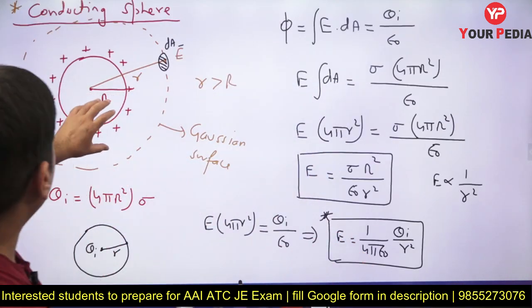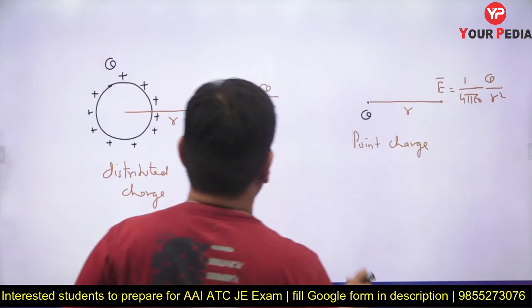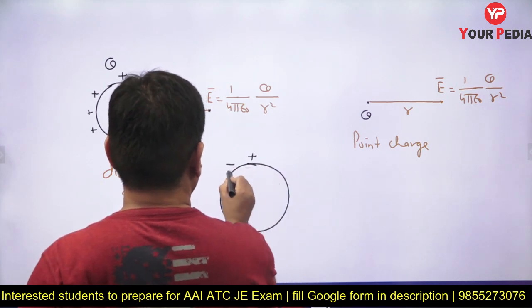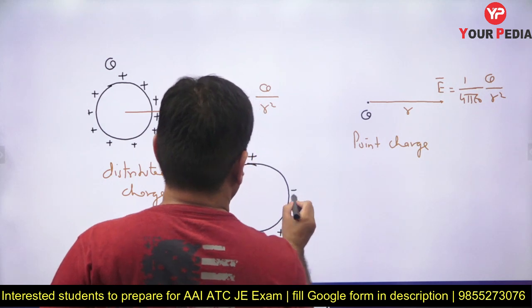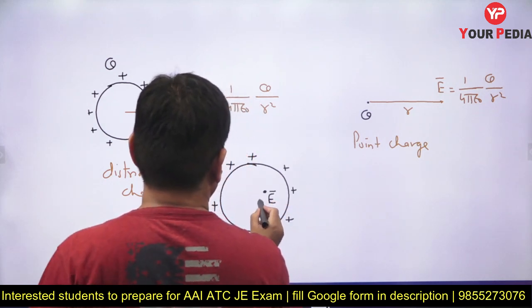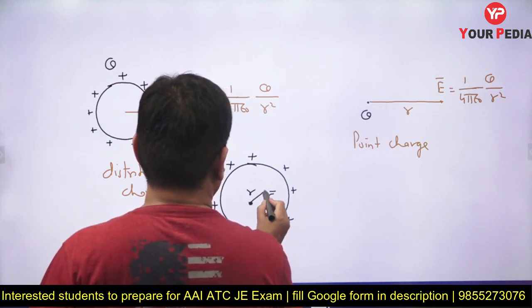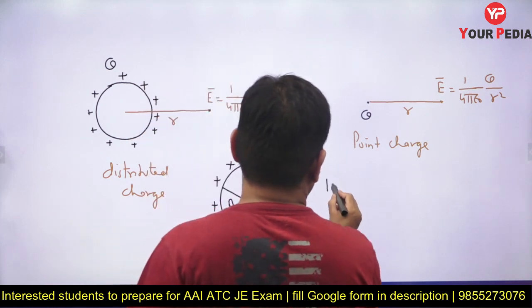One important thing I want to discuss with you is this. Now you took the outside case. Can you tell me, if I give you a charged hollow conducting body, and I want to find the electric field inside it, suppose at this point?